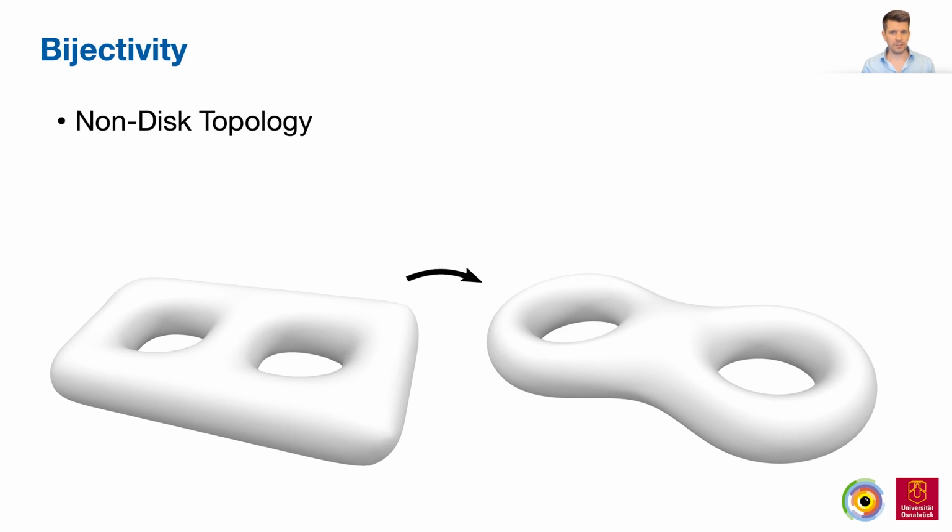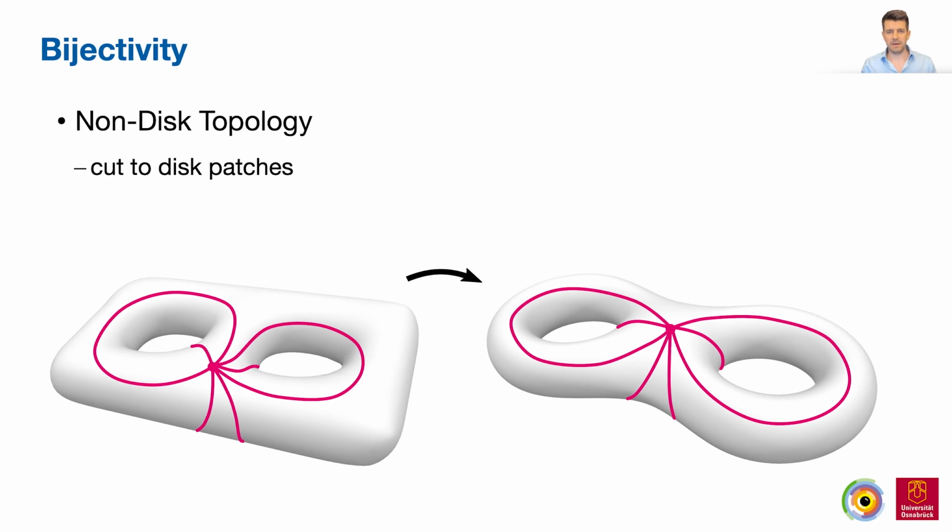And what if the surfaces do not have disk topology? Well, again, we can cut them to disk topology and then establish the map between these two disk patches. While this immediately yields a bijective map, we need to pay extra attention to continuity in this case. It was essentially built in before, but whenever we are cutting, continuity is at risk.